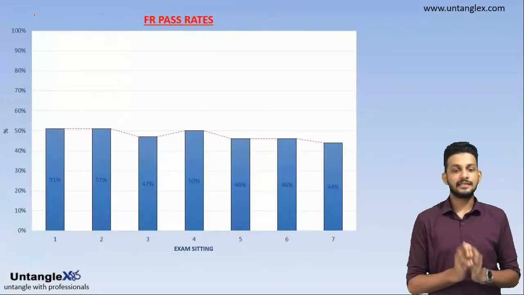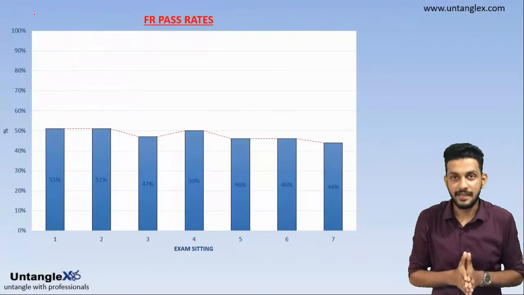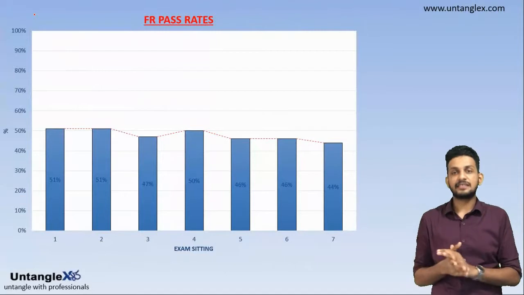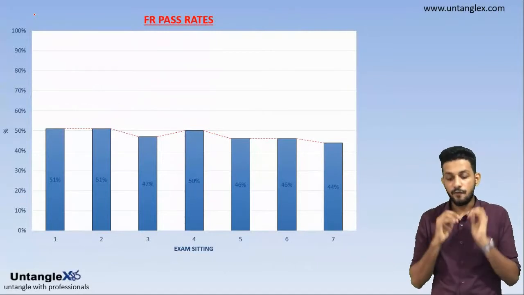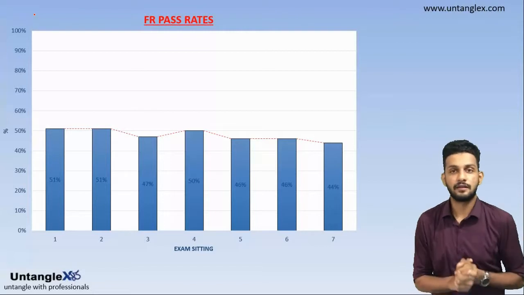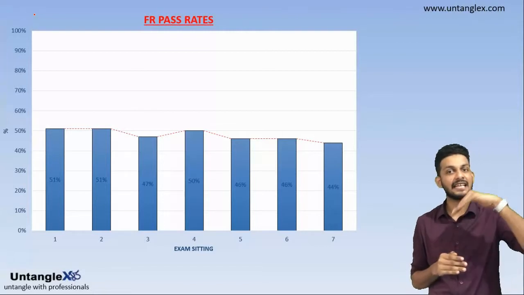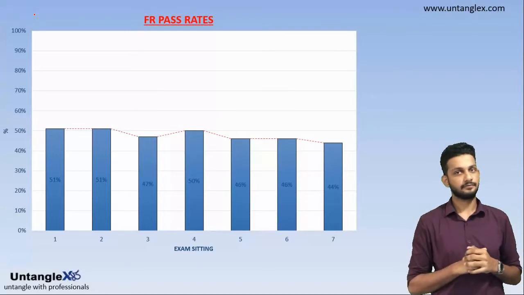As you can see, these are the pass rates of your FR examination. You can see the recent pass rate is 44%, but the initial pass rate was 51%. So you can conclude that there is a declining trend in the pass rate.